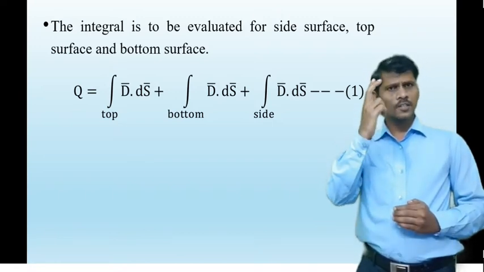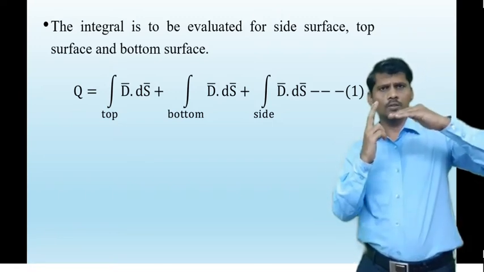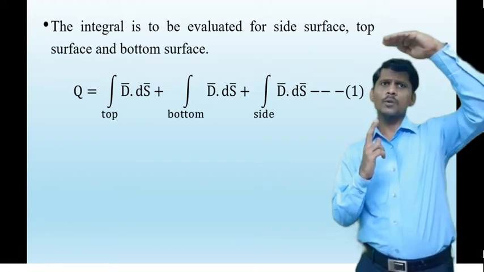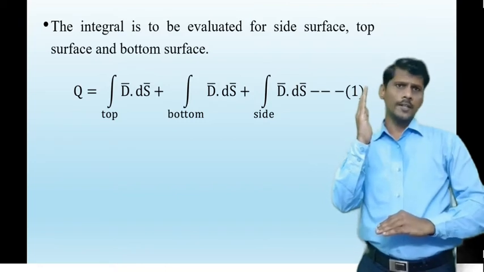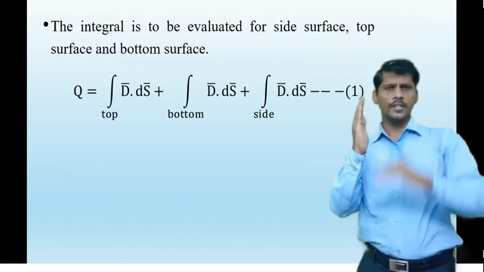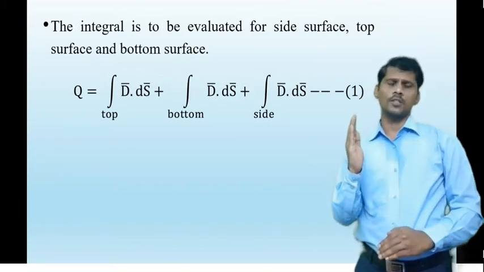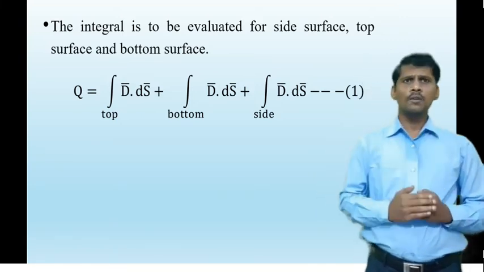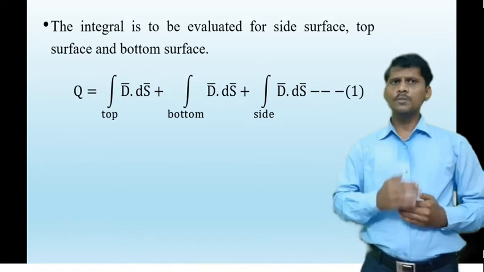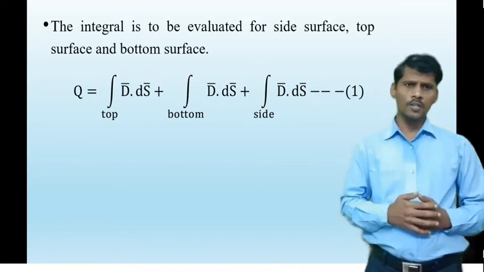The top of the surface is parallel to the positive z-axis and the bottom of the surface is parallel to the negative z-axis, and along the z-axis direction there is no electric flux density. So the top integral of D dot dS is equal to 0 and the bottom integral of D dot dS is 0.